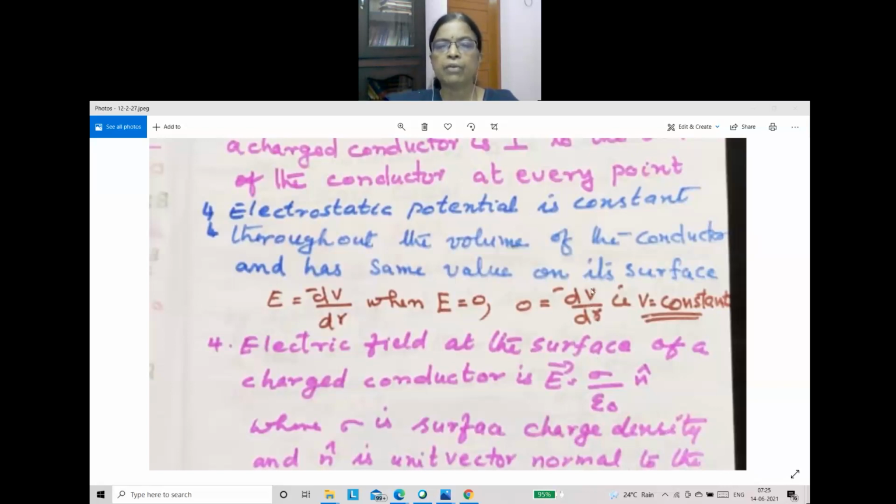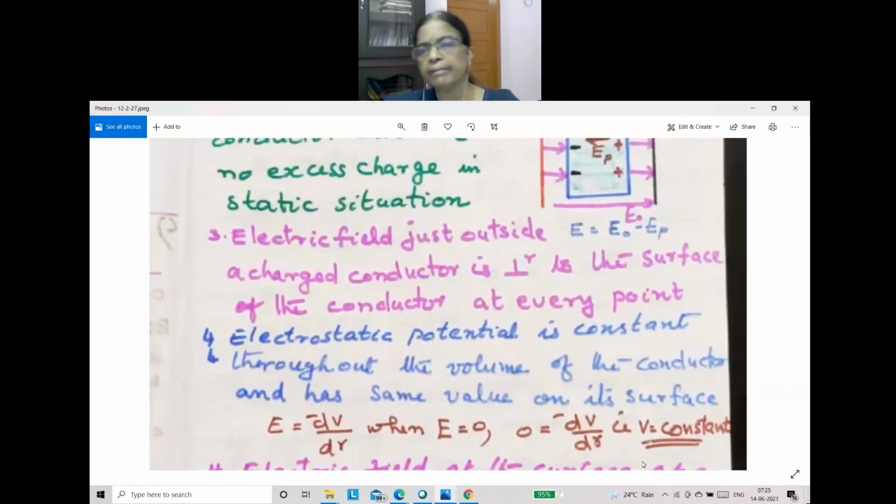We have already studied that the derivative of a constant is 0. Isn't it, children? Derivative of a constant is 0. So that means V is a constant. So inside the conductor, throughout the volume, and on the surface also, the potential is constant. Now work is done to move the charge on the surface of the conductor.